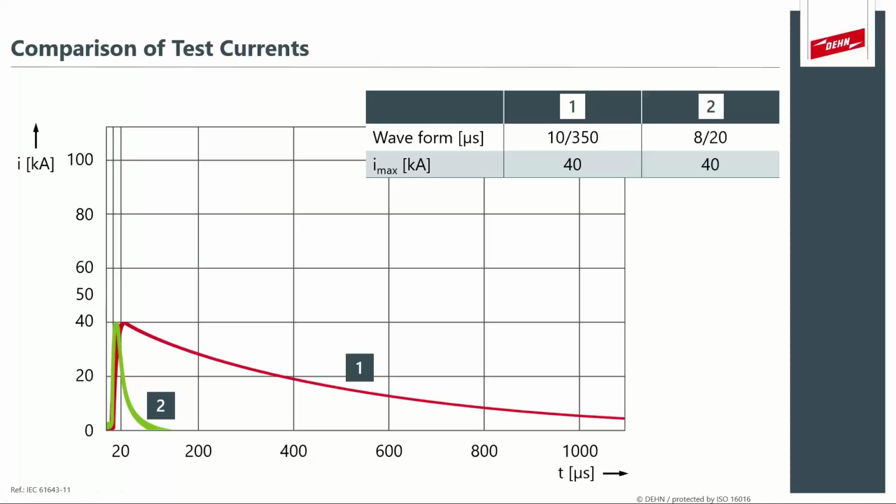So if we want to then investigate or calculate the energy associated with these waveforms, we take the integral or the area under the curve, and you can immediately see that the area under the red curve is much larger than the area under the green curve. And that's why these direct lightning strikes cause so much more damage and also carry so much more energy compared to a surge.